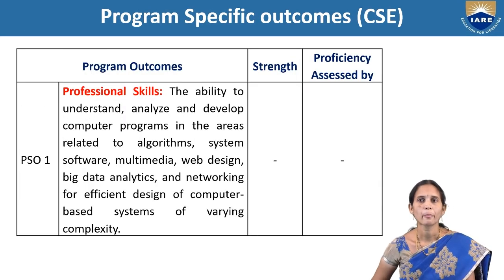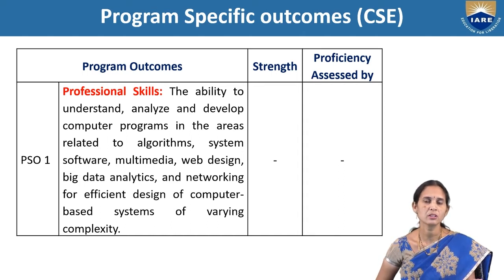When we take all the branches, like computer science and engineering, information technology, mechanical engineering and civil engineering, all the departments have program specific outcomes. So how can this chemistry course give strength, taking the departmental level program specific outcomes?